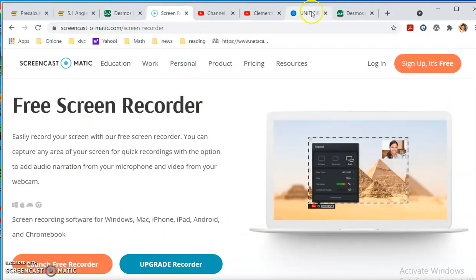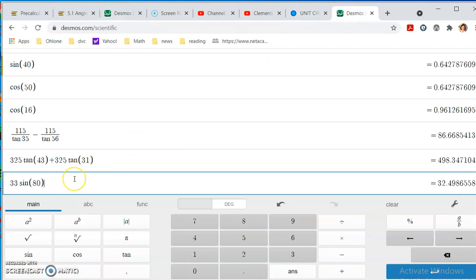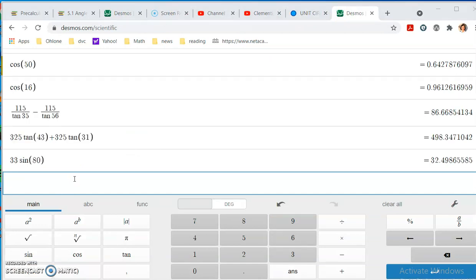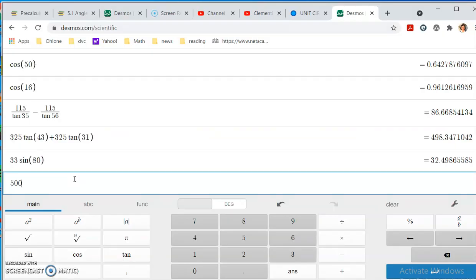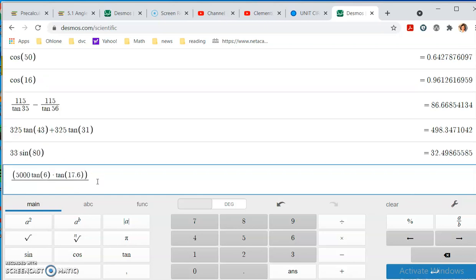And I put it in the calculator, and that's how I got the answer. Using a scientific calculator, the new one: 5,000 tangent 6. In order for it to be clear, times tangent 17.6, and then I divide the whole thing by tangent 17.6 minus tangent 6.